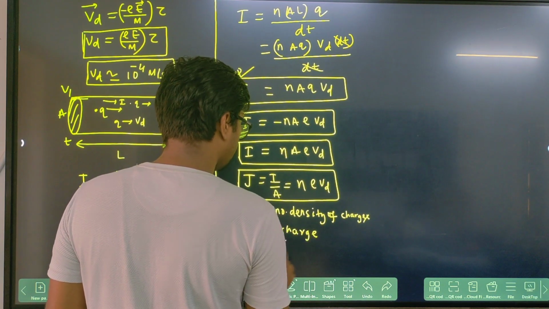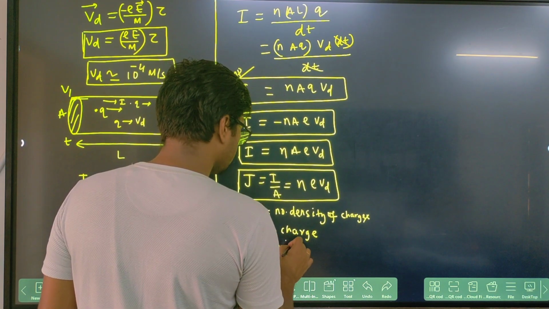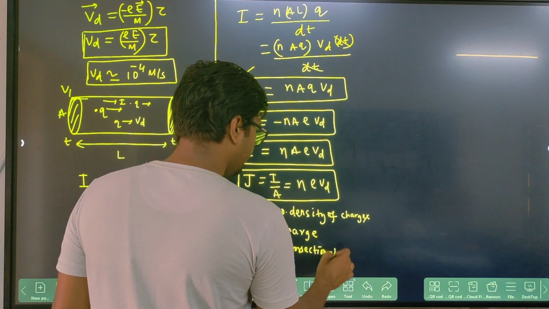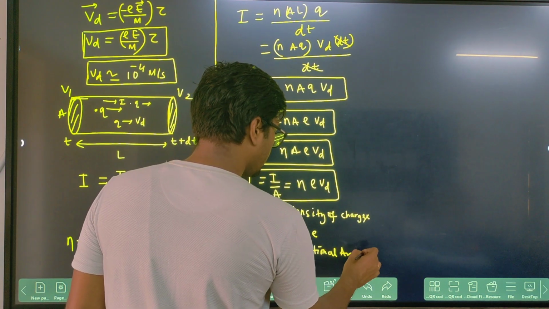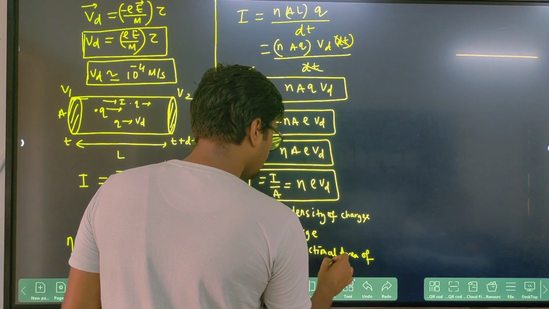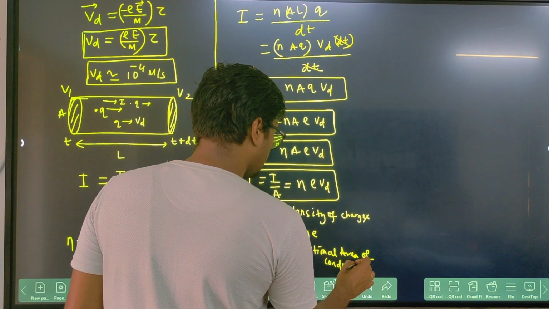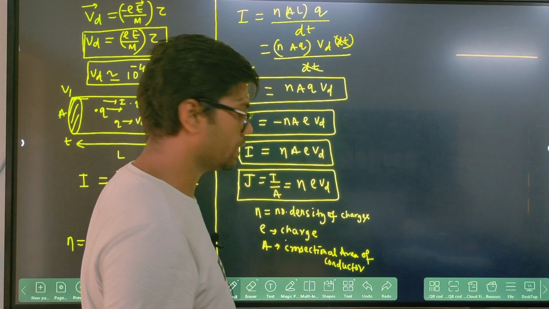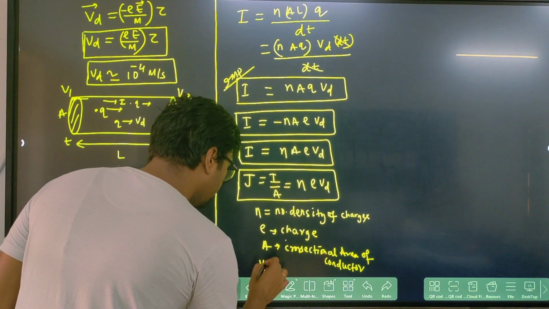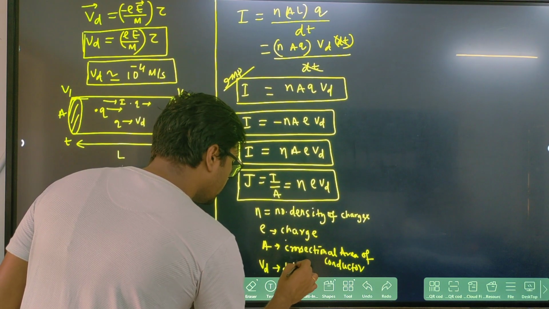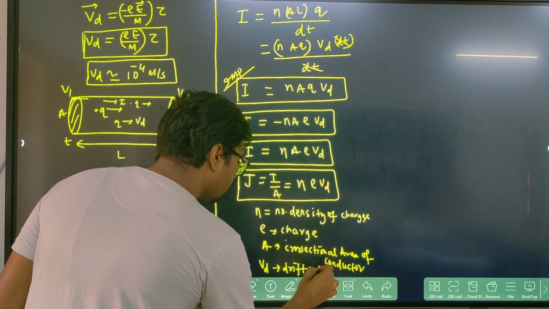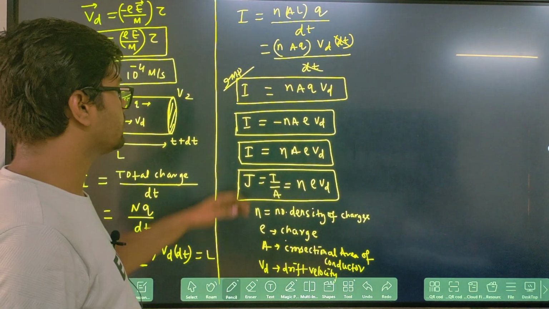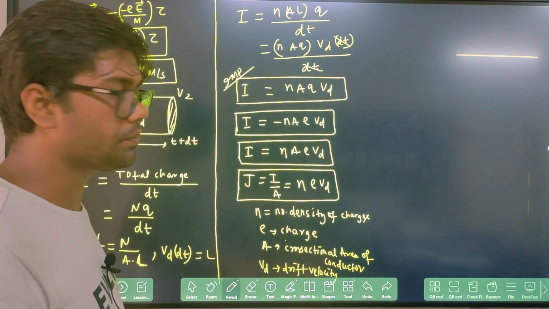And A is the cross-sectional area of the conductor. Vd you know, that is the drift velocity. Clear? This relation is very important, you have to remember.